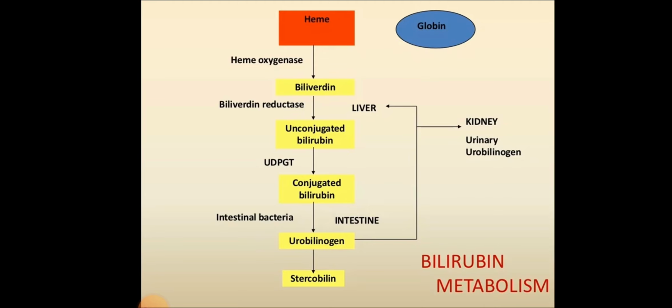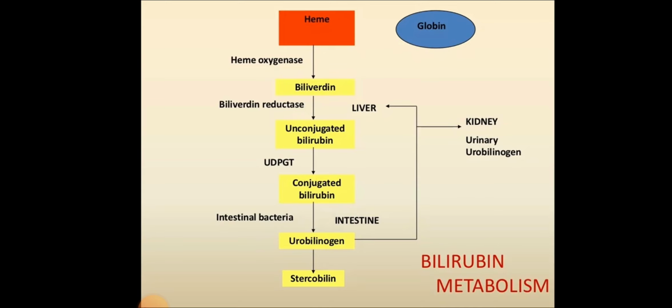And if there is also an issue with the excretion of bilirubin, this is also considered within the same classification of hepatic jaundice because it will lead to accumulation of bilirubin. There are three mechanisms involving the excretion of bilirubin: bile acid dependent secretion, bile acid independent secretion, and also bile ductular secretion.